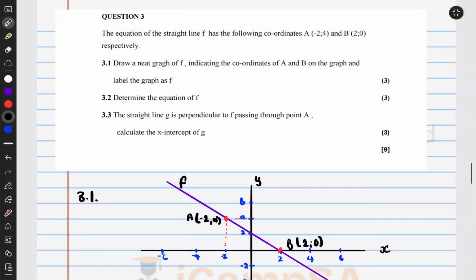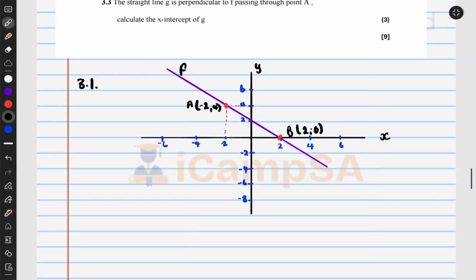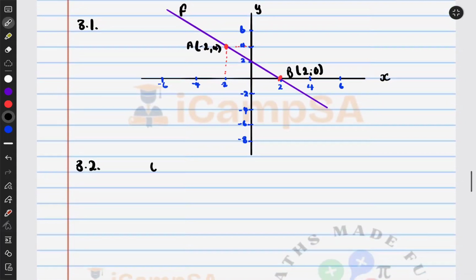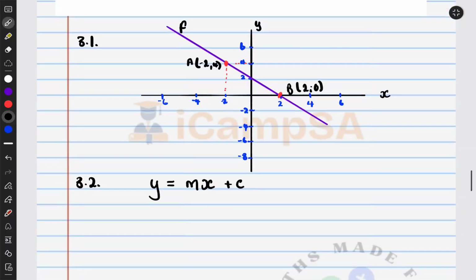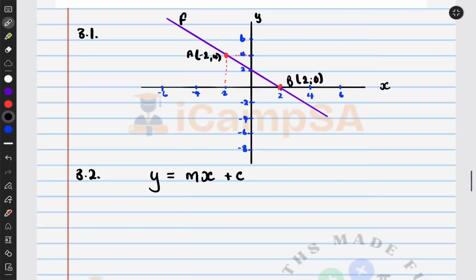And then next we'll also determine the equation of f. So we know that f is a straight line, so we have to determine the straight line equation of f. The general formula for the straight line equation is y is equal to mx plus c, with m being the gradient and c being the y-intercept. So we need the gradient in order to determine the equation of f. So let's quickly calculate the gradient.